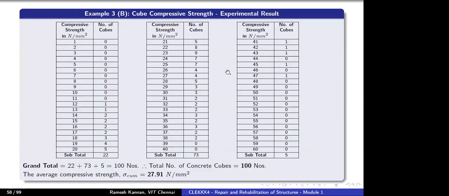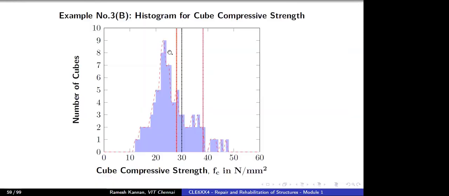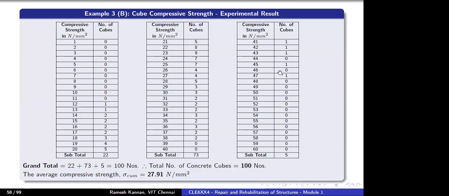Right. The next is fairly the same, but we have changed the numericals to see what happens. Say, for example, in this case, 47 Newton per millimeter square, we have got one concrete that yields that particular strength. From this data we see, oh, something is 47, then the result is pretty good. And the data are very high here, so it's obviously shifting to the right.